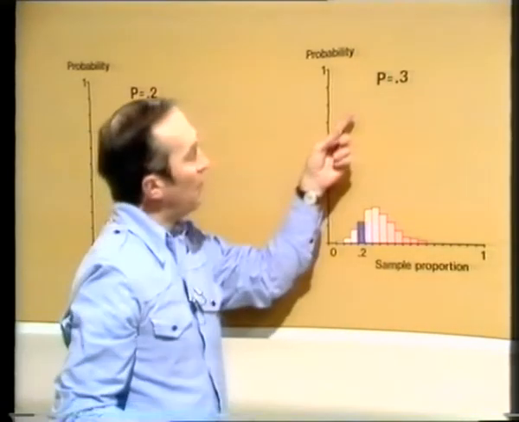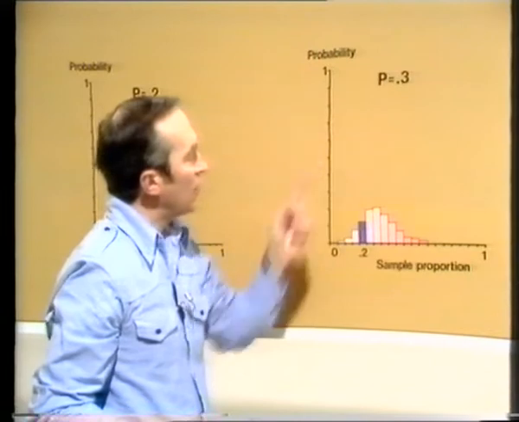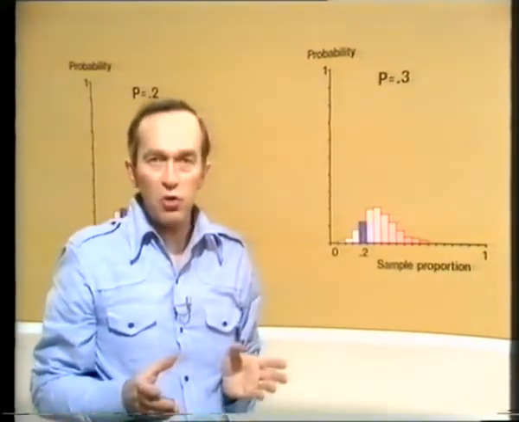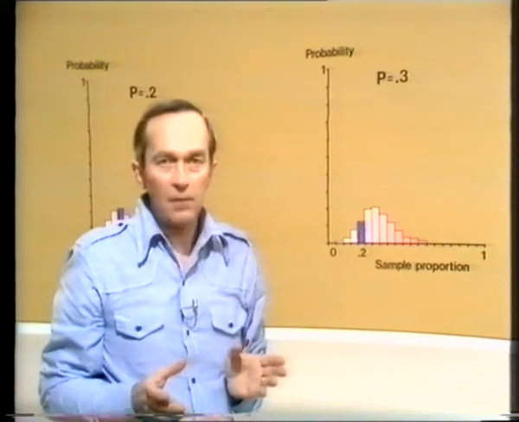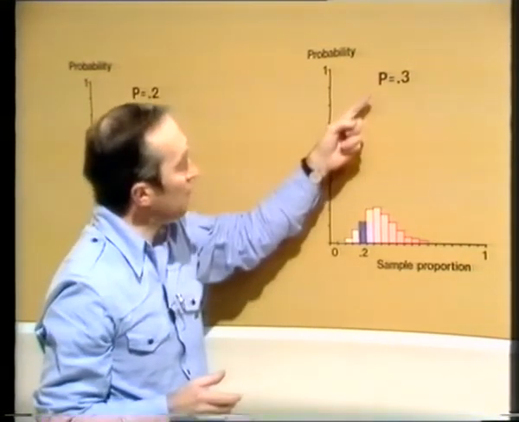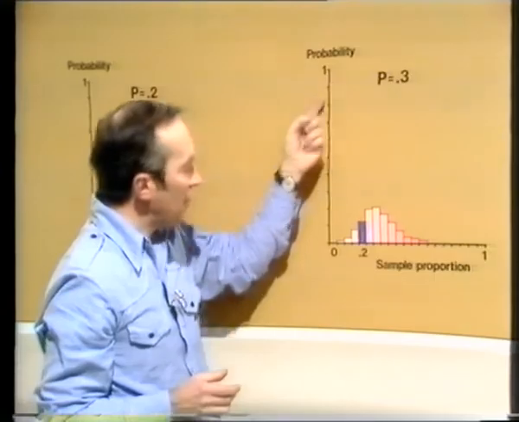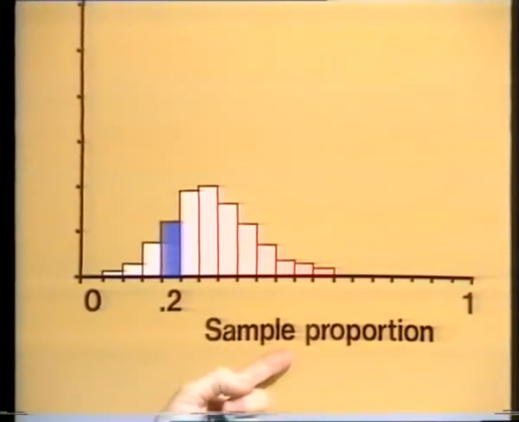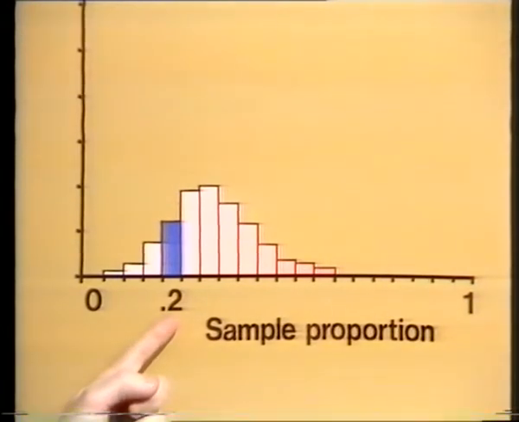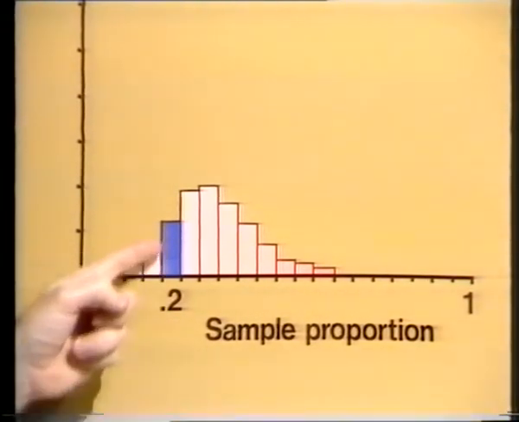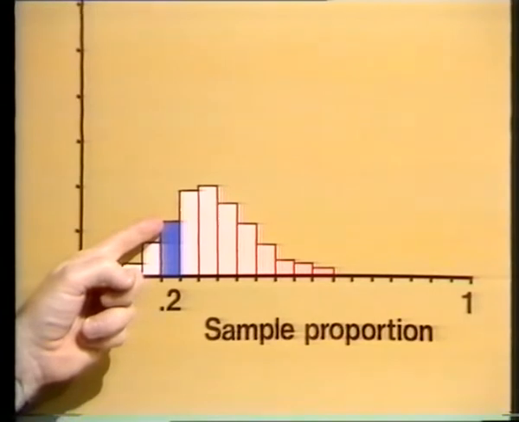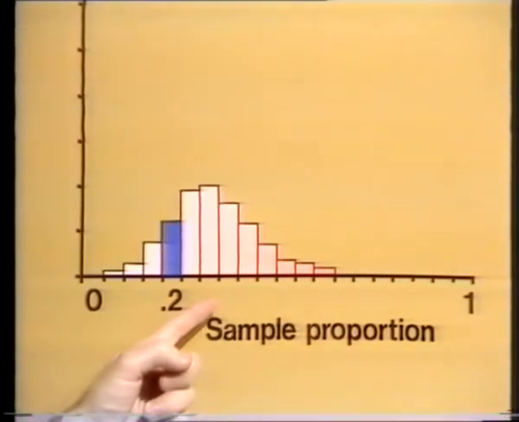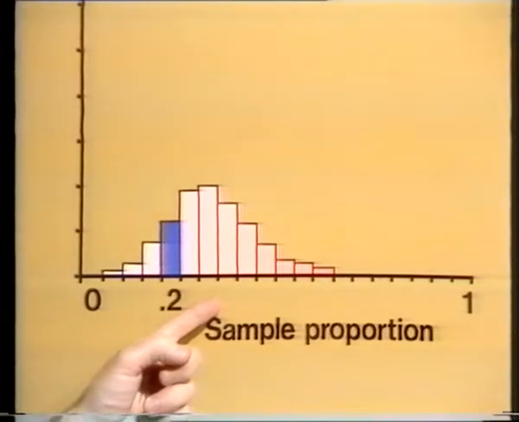The label p equals 0.3 is just a supposition that we're trying out about the proportion of reds in the bottle. If the proportion of reds in the bottle is 0.3, then these are the probabilities of the various sample proportions. And you see that the sample proportion of 0.2 still has quite a high probability, compared, say, with the most likely sample result, which is, of course, a sample proportion of 0.3.